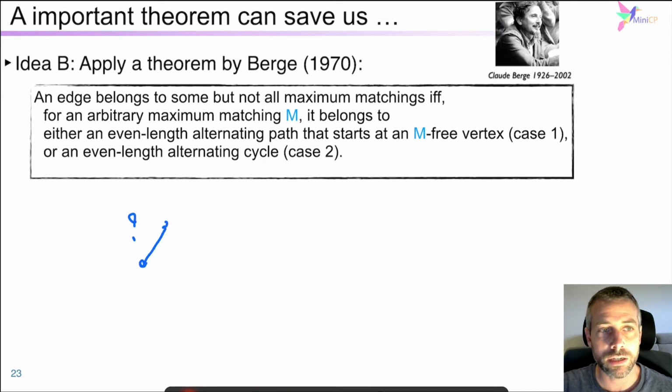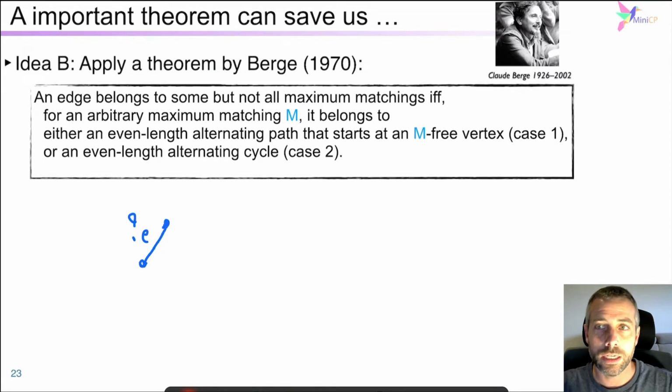that is of even number of edges. That's the second case. If one of the two cases is true involving this candidate edge E, then you know that this edge can belong to some maximum matching, and as a consequence, it should not be removed from the bipartite graph. Let's reuse this very important theorem.